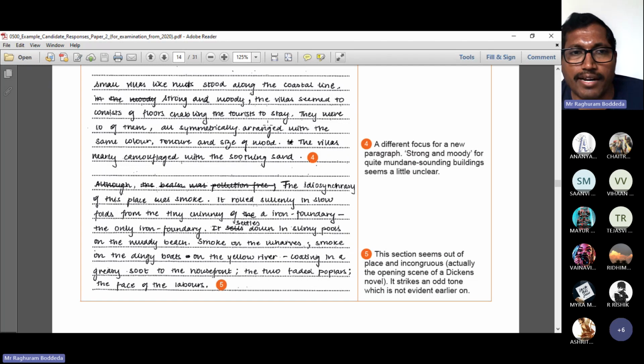But don't you think that these elements, like there were 10 of them, all symmetrically arranged with the same color, texture, and shape of the wood, are only giving the symmetry?